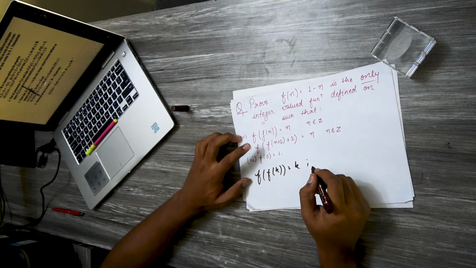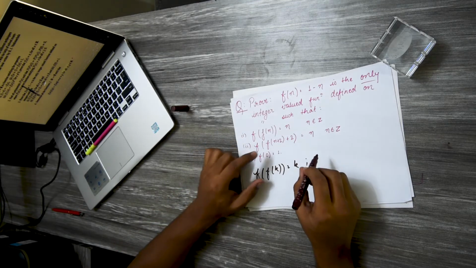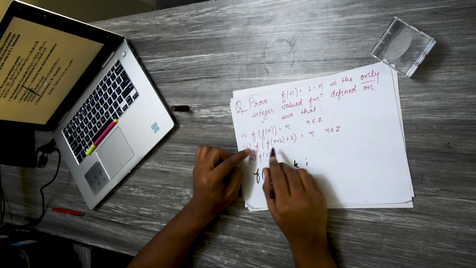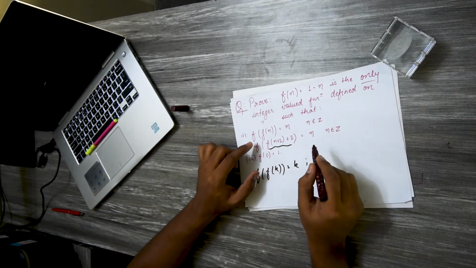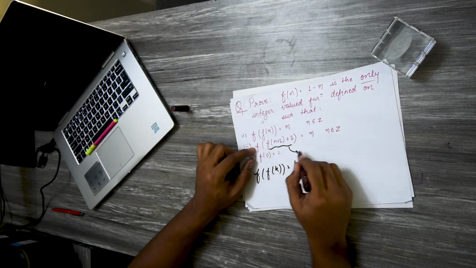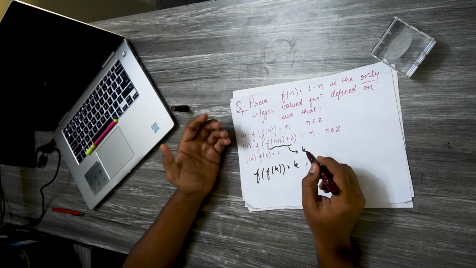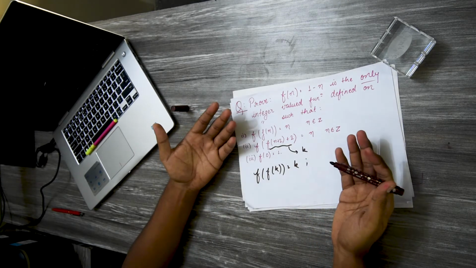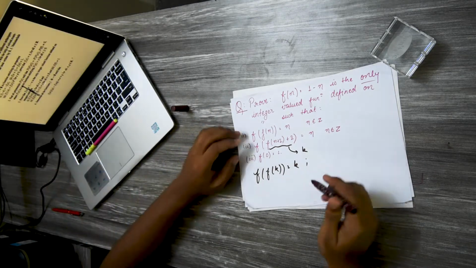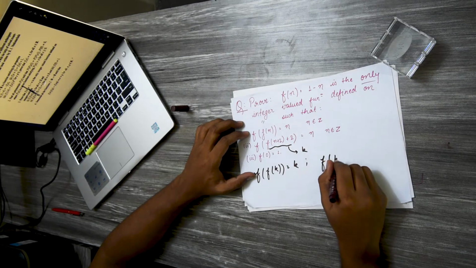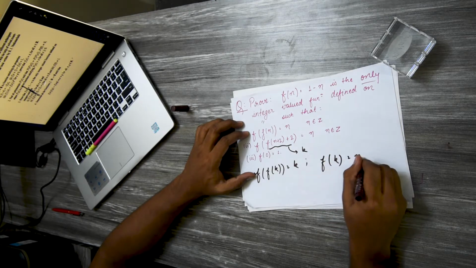Then what we do is we write this statement here, f(n+2), as k, because this is also going to be an integer, and we can safely assume it to be another integer k. So the statement now becomes f(k) is equal to n.